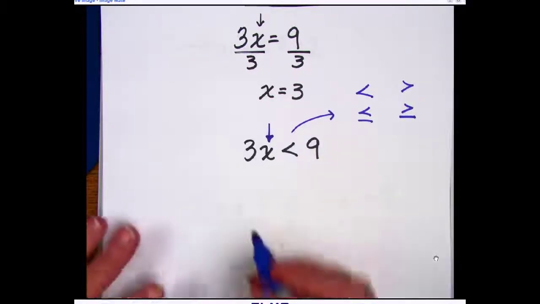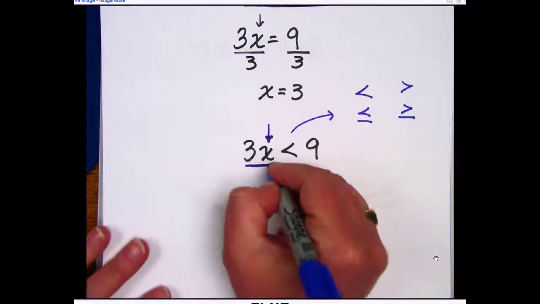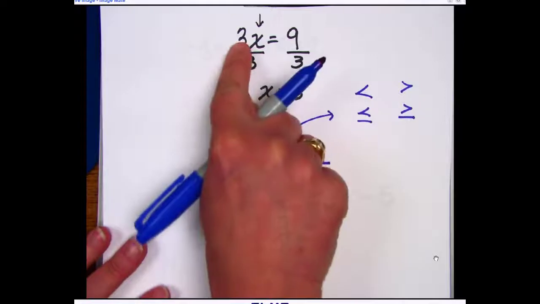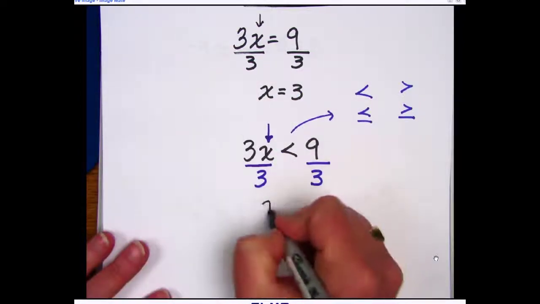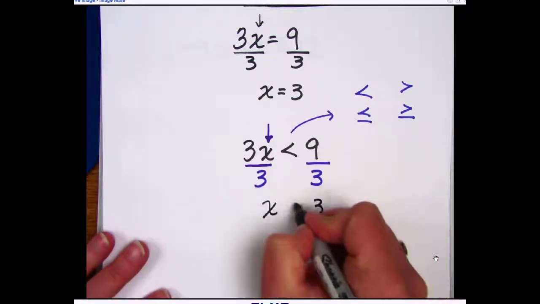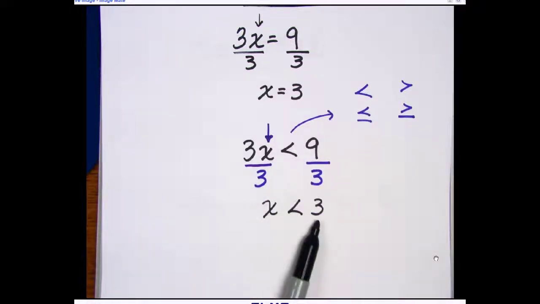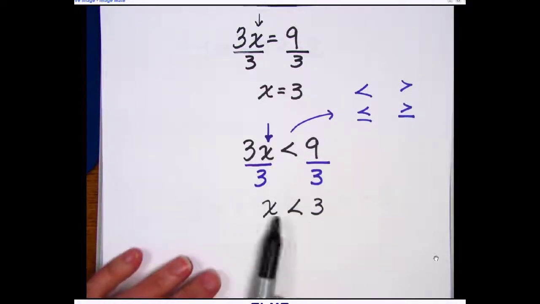So in this case, even though I haven't told you the new rule, to solve this inequality, we would divide each side by 3, just like we did up here. We would get x less than 3. Now we want to always write these in interval notation, and in the last video we talked about interval notation.